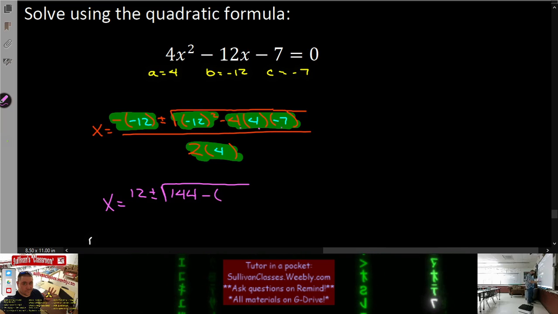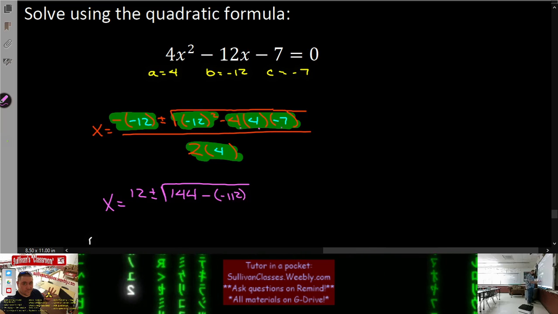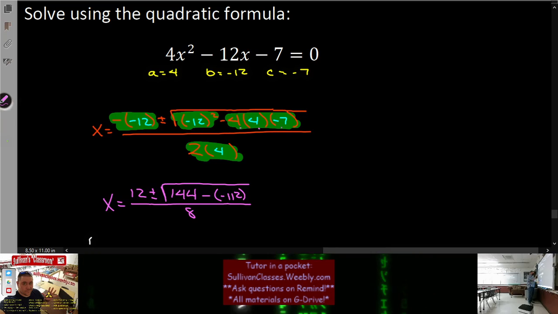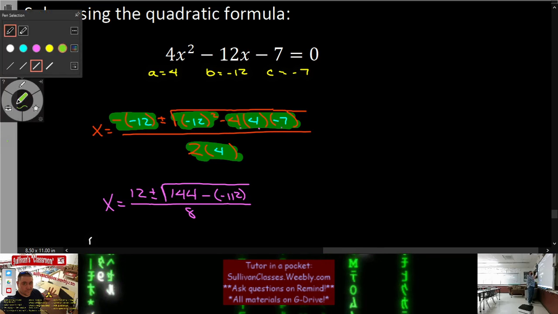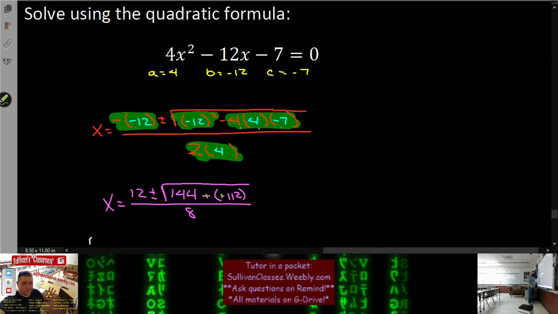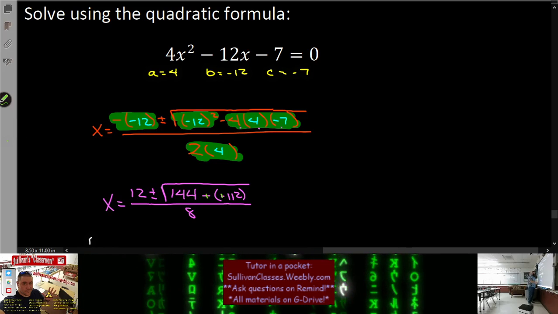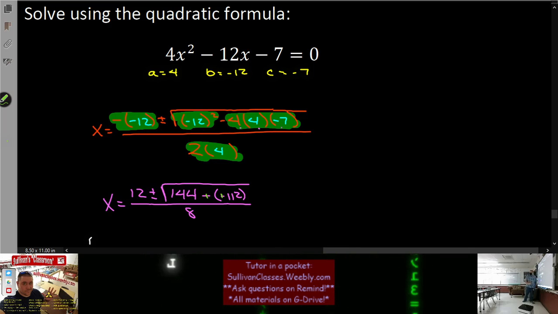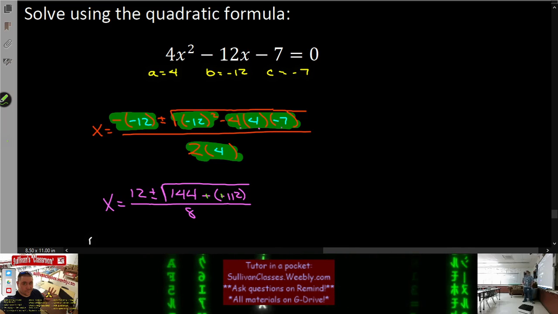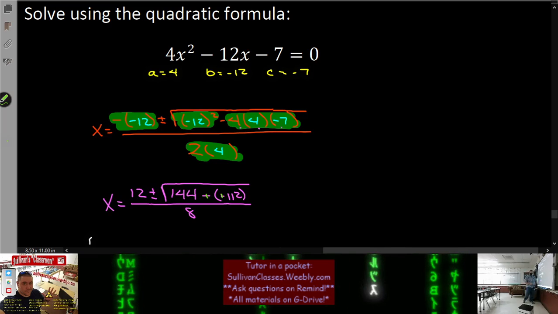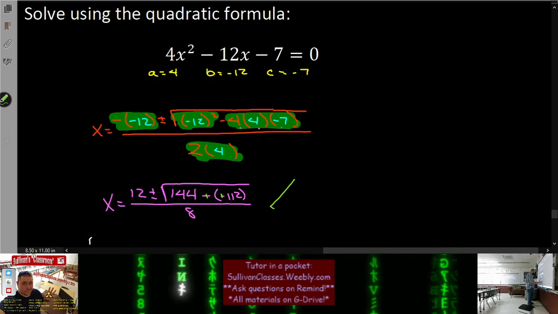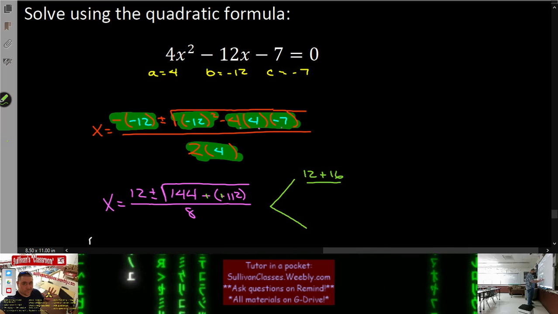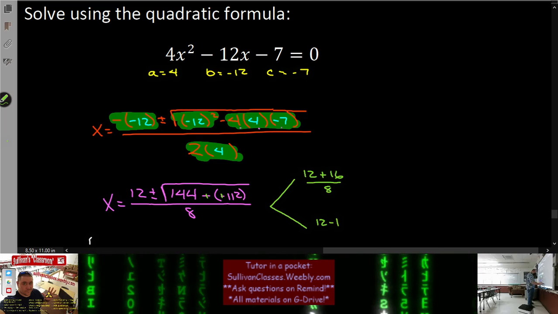So since that's a negative 112, that's where that comes in, yes. I'll change. 144 plus 112 is? That sounds familiar. Square root of 256 is 16. So I can now break this up into 12 plus 16 over 8 and 12 minus 16 over 8.